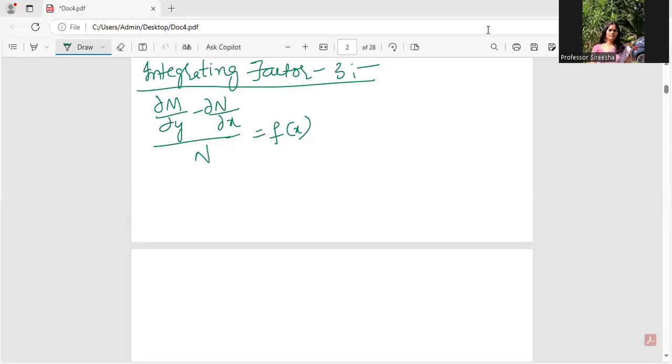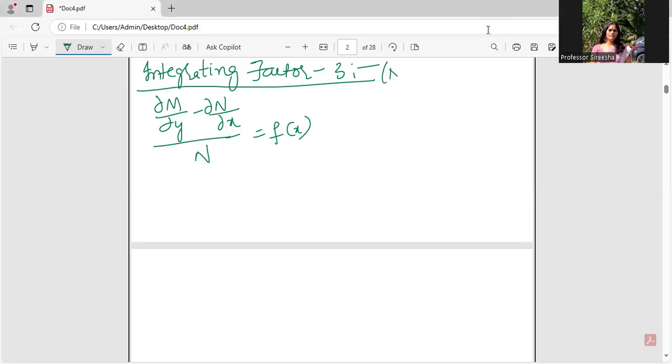Okay. Coming to integrating non-exact differential equations, there is another format of finding an integrating factor. Already, for exactness you will be checking ∂M/∂y and ∂N/∂x.